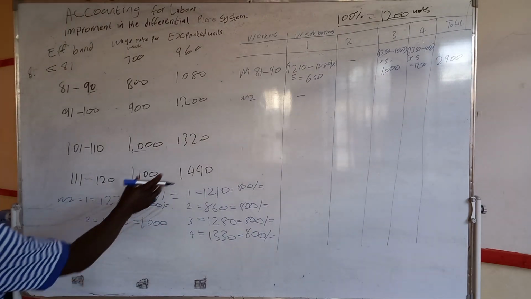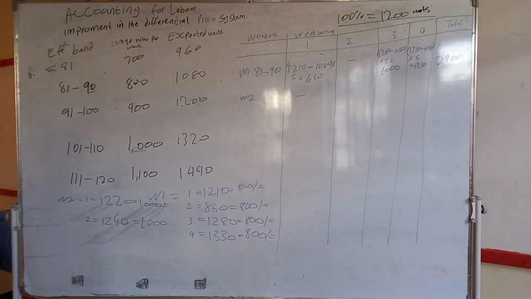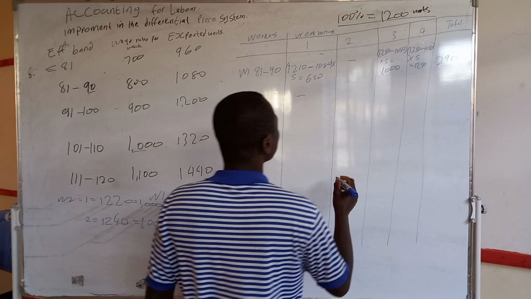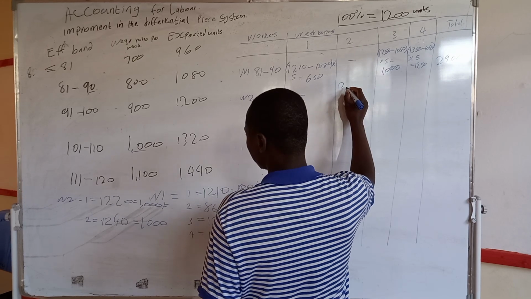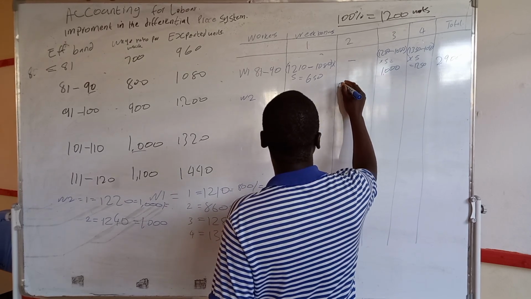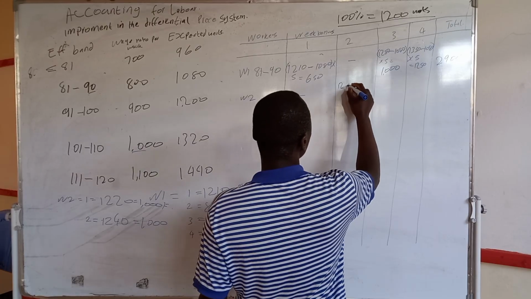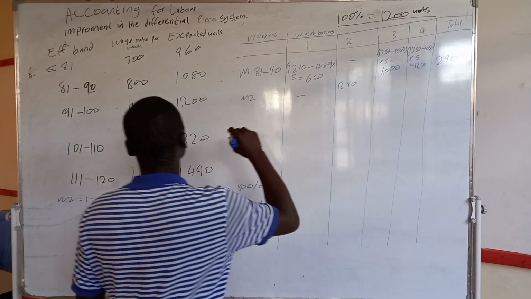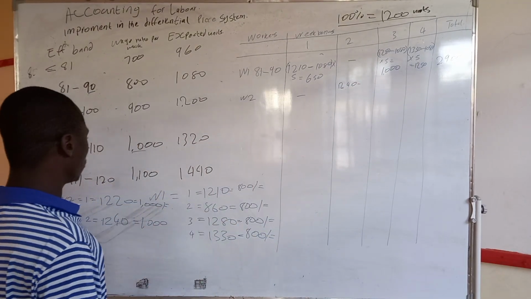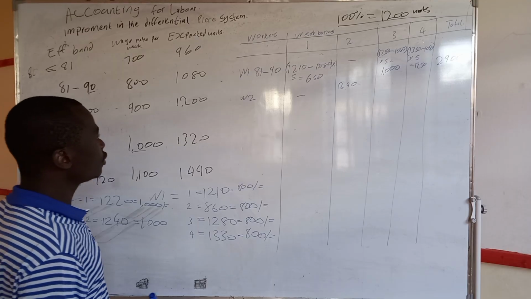Did you surpass the expectation? Minus the minimum required, this is 1,300, so he didn't.